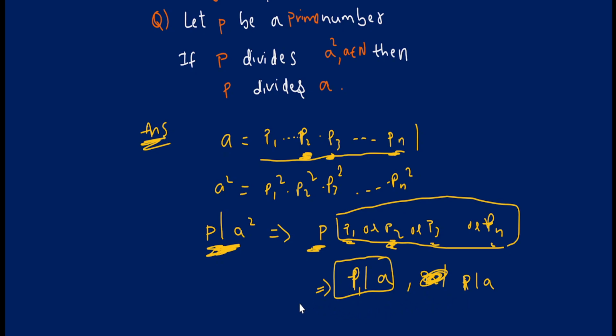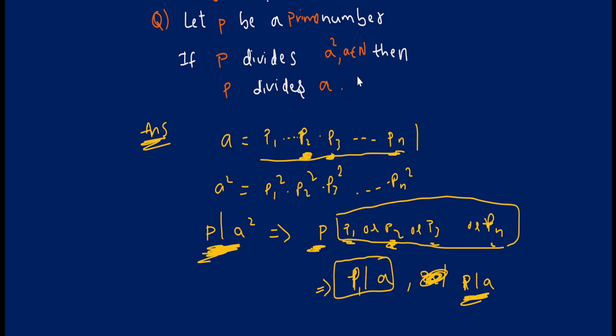So, logically, if p divides a square, then p must divide a. I hope this statement is now comfortable for you, and we have proved it successfully using prime factorization.